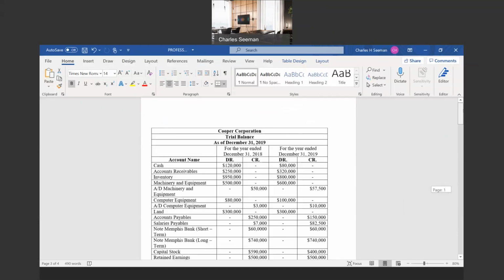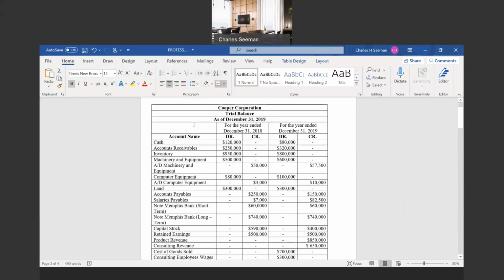So now we're going to use the top portion of the trial balance from here down to here. We start with the assets. We start with current assets. Current assets are just those assets that are going to be turned to cash within 1 year.